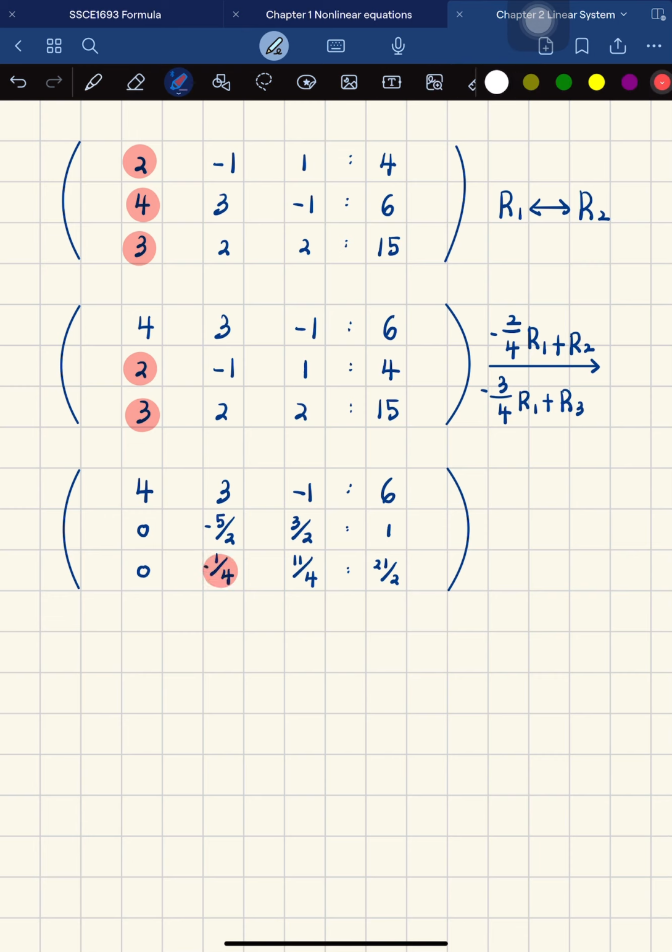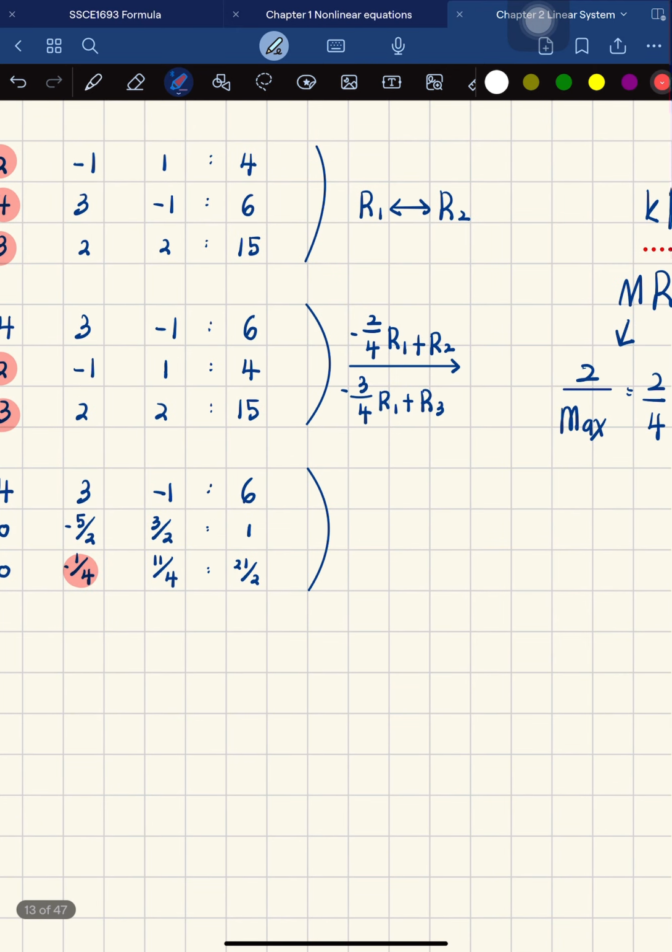So that one is already maximum, so this one will be our next focus. We want to make it as 0. So we need to find the value of m. So negative 1 over 4 divided by negative 5 over 2.